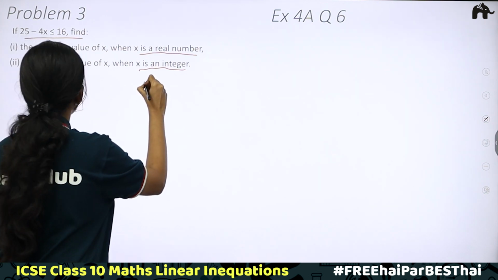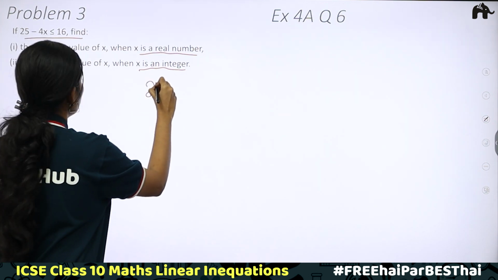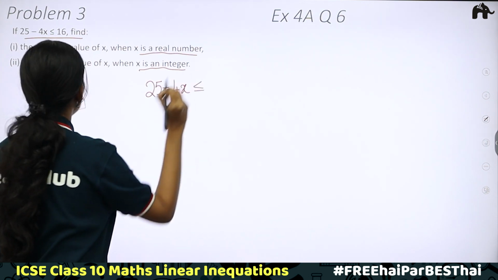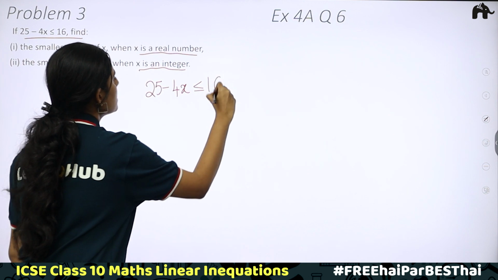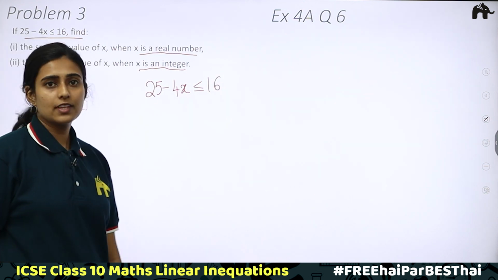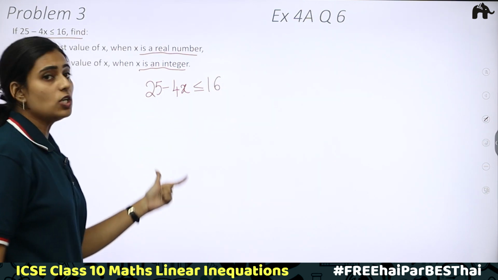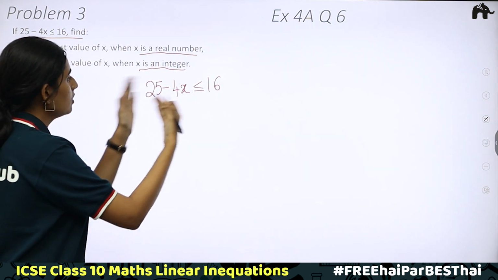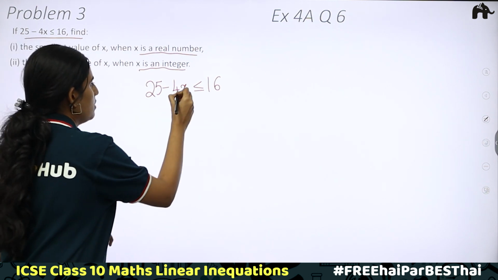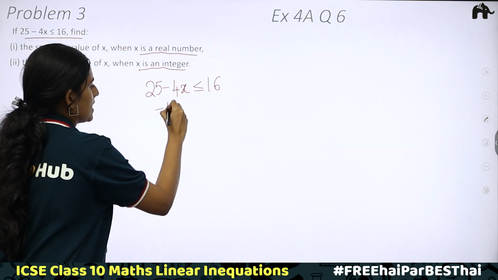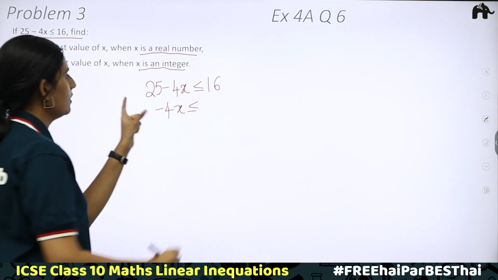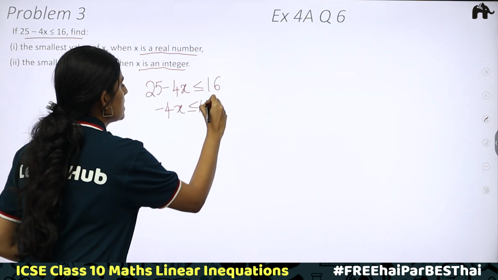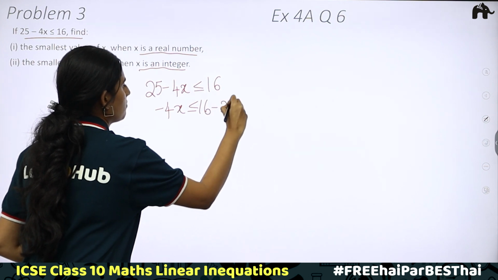Here the inequality is 25 minus 4x less than or equal to 16. We need to take the variables on one side, constants on the other side. Here the variable containing term is minus 4x. Shifting this 25 to the opposite side, 25 becomes minus 25. 16 minus 25.